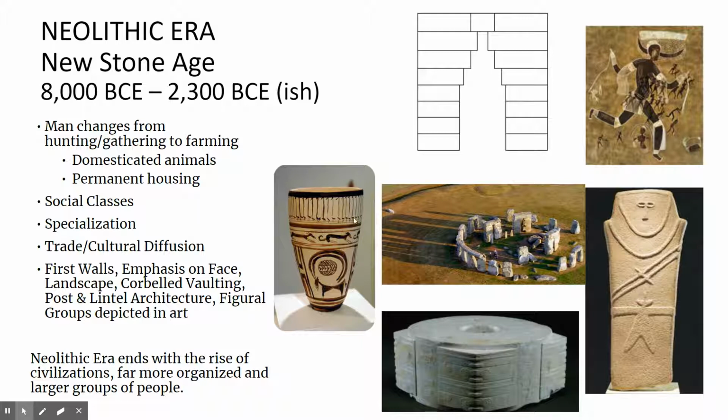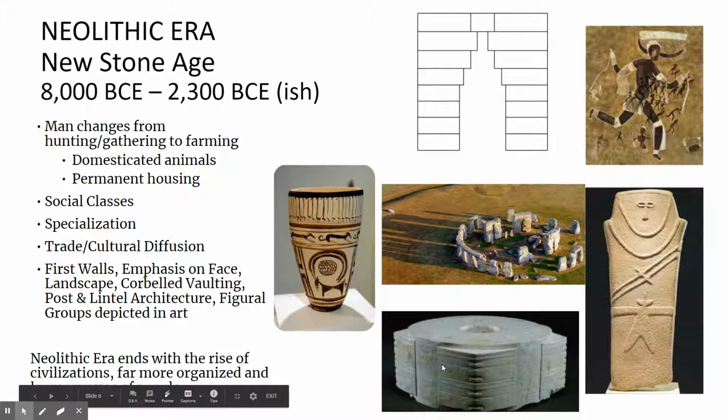So the beaker with ibex motif, obviously ceramics. I believe it was done, oh, I can't remember if it was done with the wheel or without the wheel. I think it was done without the wheel. Regardless, we don't make ceramics in a culture that is totally nomadic. That makes no sense, right? Because ceramics break really easily.